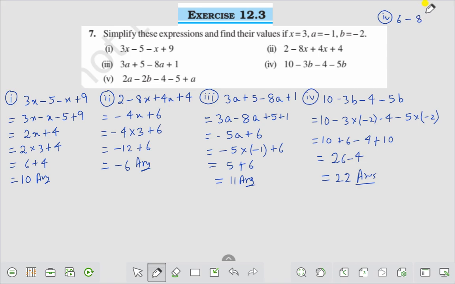It is 6 minus 8, and the value of b is minus 2, that is 6 plus 16, which comes to 22. You can do it in this method also. Answer is 22. Both the answers are same, right?